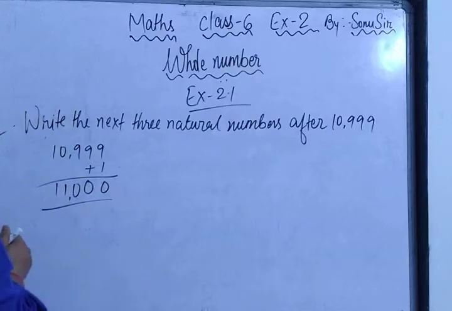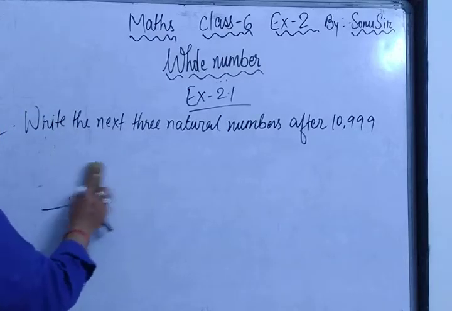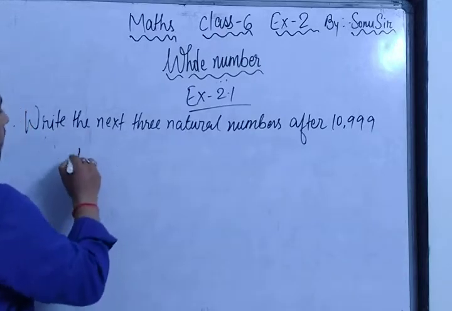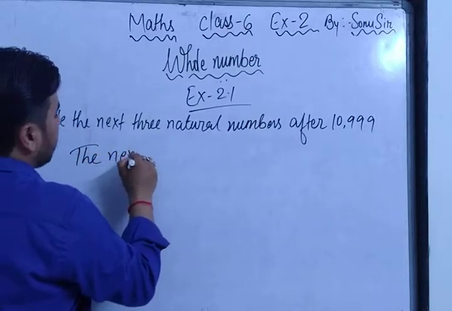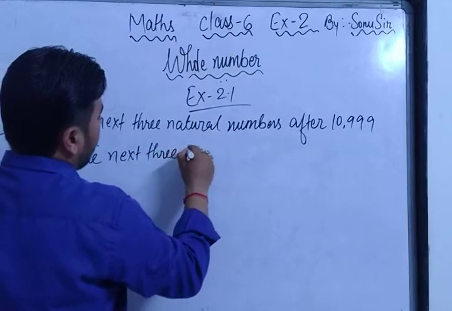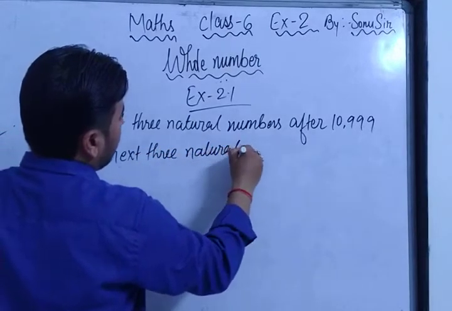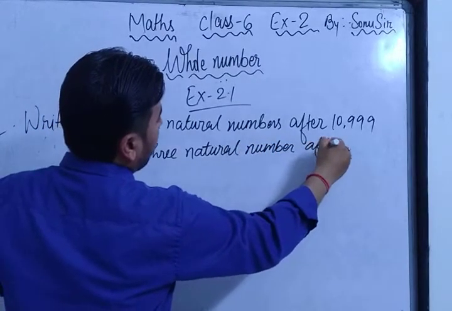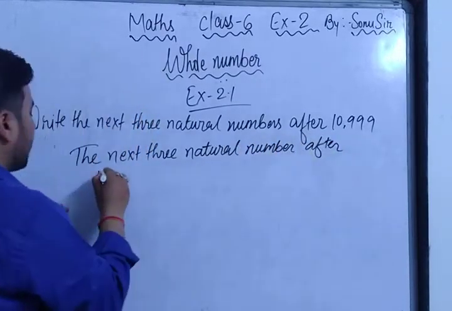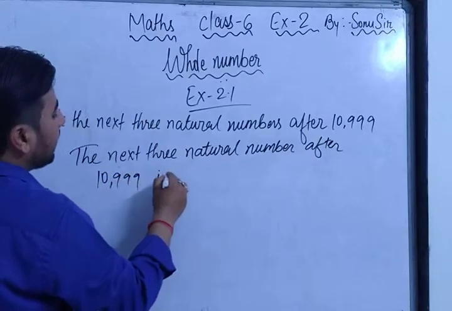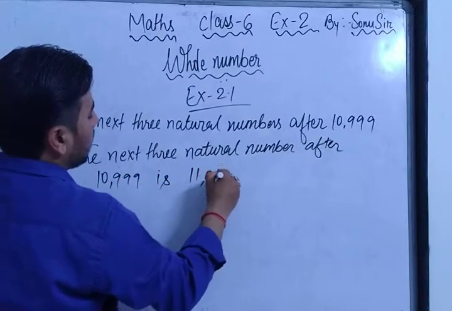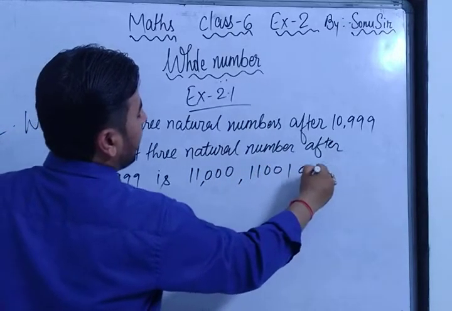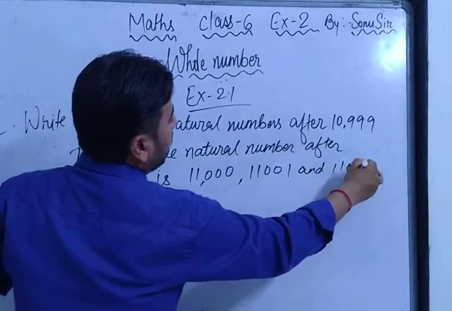The next three natural numbers after 10,999 are: the first number is 11,000, the second is 11,001, and the third is 11,002.